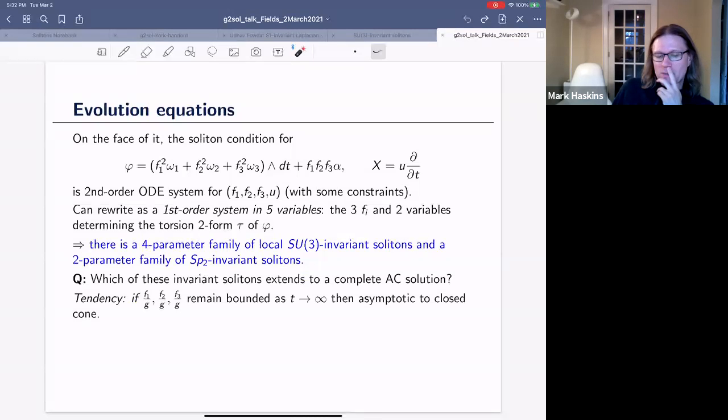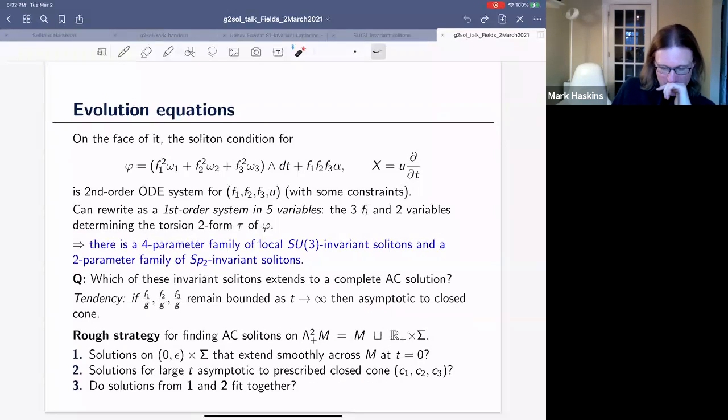So the main principle is that, provided these homotopy ratios, F1 over G and F2 over G, remain bounded, then as T goes to infinity you really will be asymptotic to a closed curve. The rough strategy is again to divide into 3 parts.